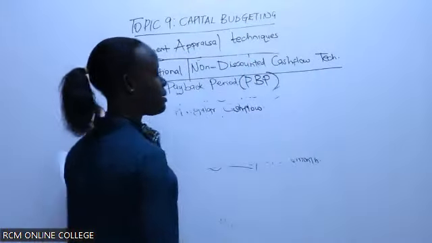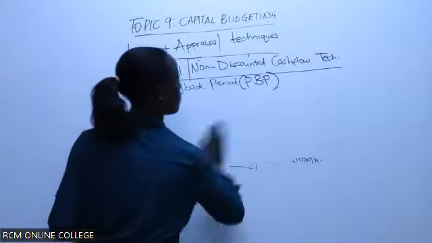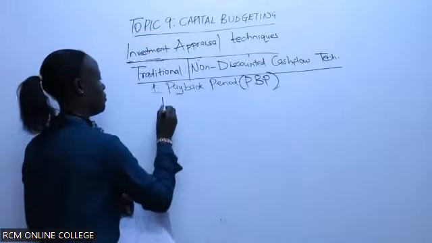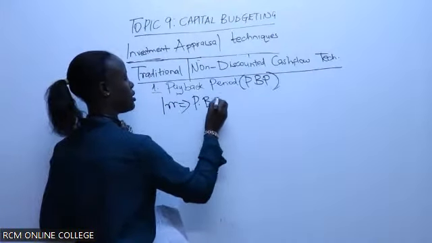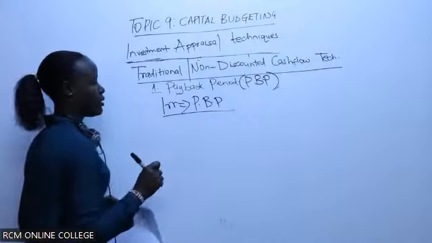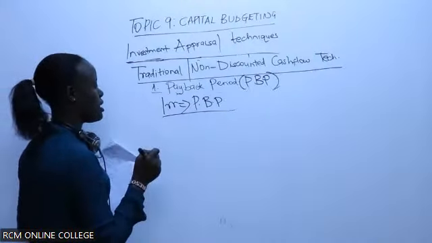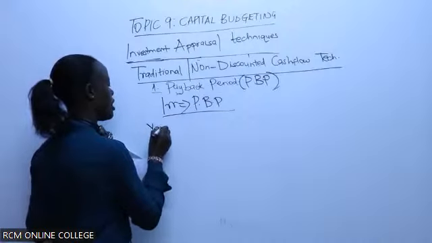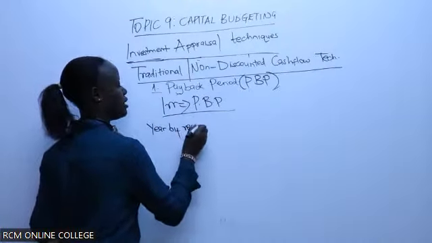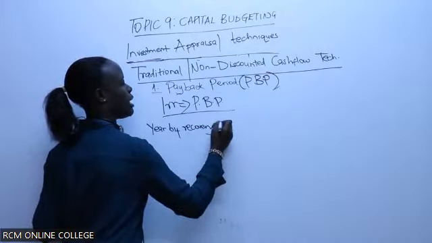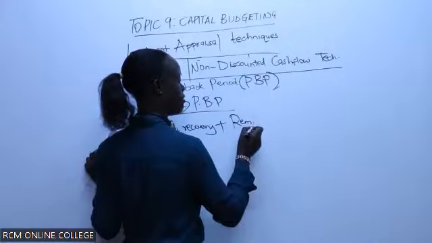Now, calculating our payback period in an irregular cash flow. If you want to calculate your payback period, first of all, you get the year before recovery, plus the remaining amount to recovery.